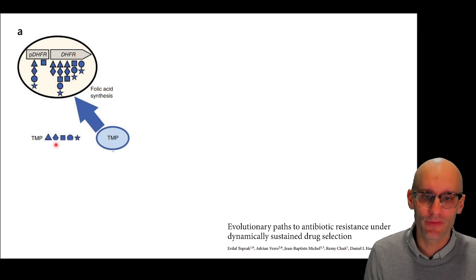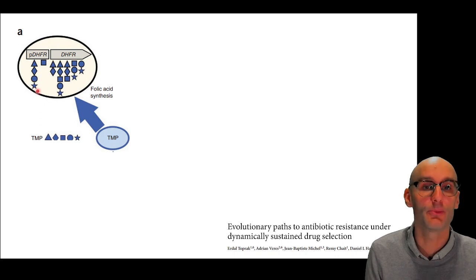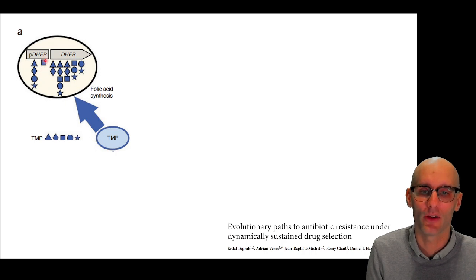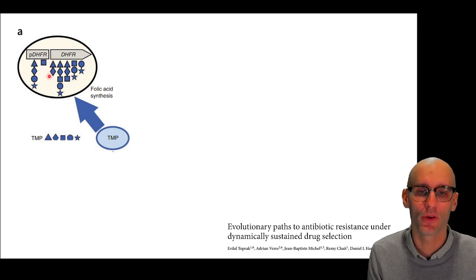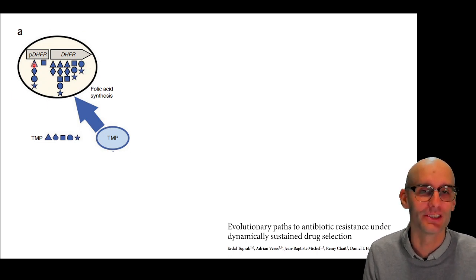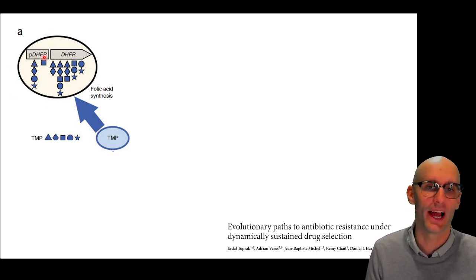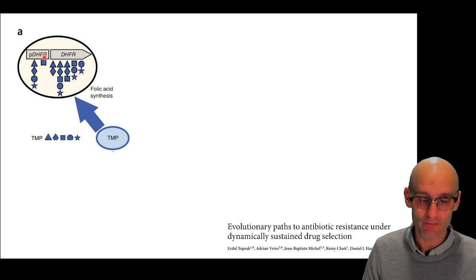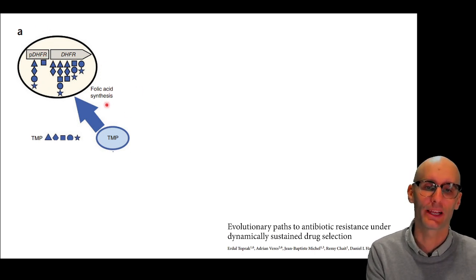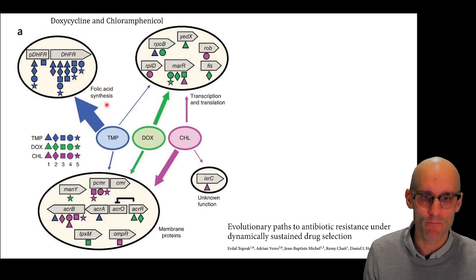Each of these shapes is a replicate, and they've put the shapes to correspond to a mutation. So 4 of the 5 ends got a mutation here, 1 of the ends got a mutation here, 2 of the ends got a mutation here, and so on. So you can see there's loads of mutations, and they're all in this DHFR gene and promoter region. And so it's all to do with folic acid synthesis and metabolism.